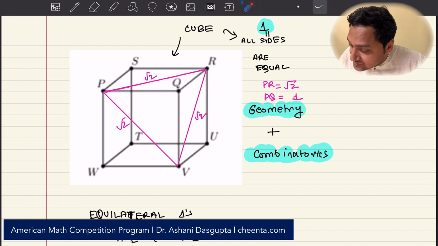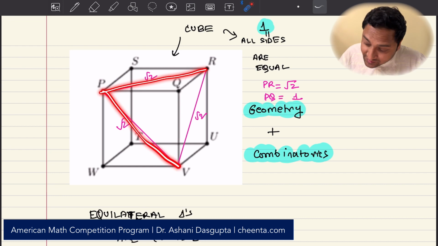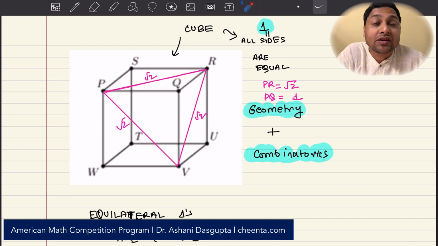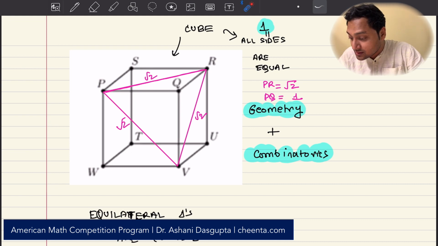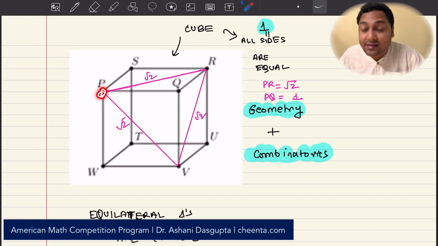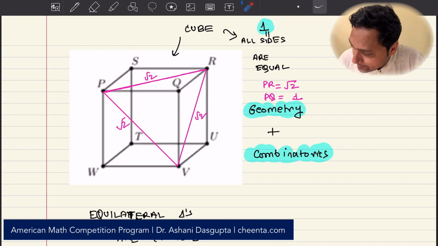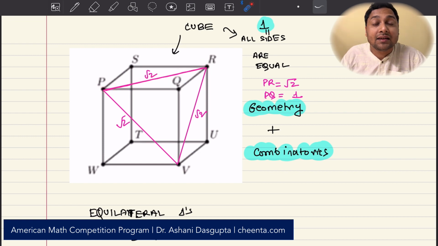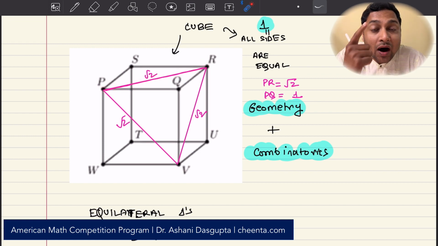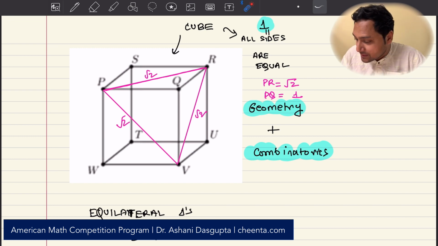It uses the diagonals of 3 squares which are adjacent to each other. And of course, one of the vertices is P. So one of the square diagonals coming out of P produces one equilateral triangle. But actually it produces more than one equilateral triangle.